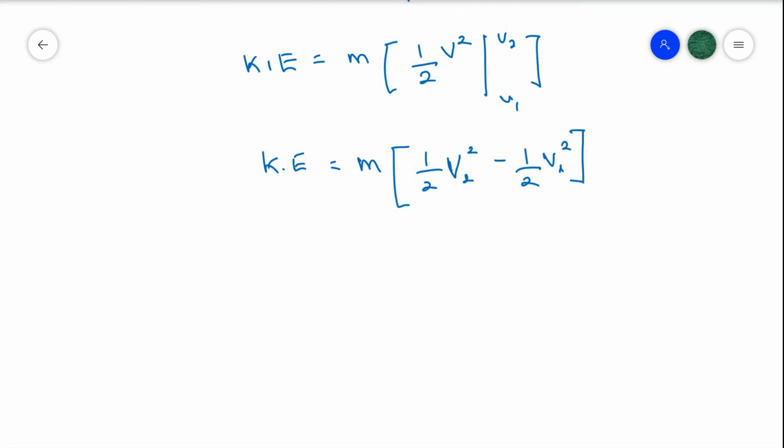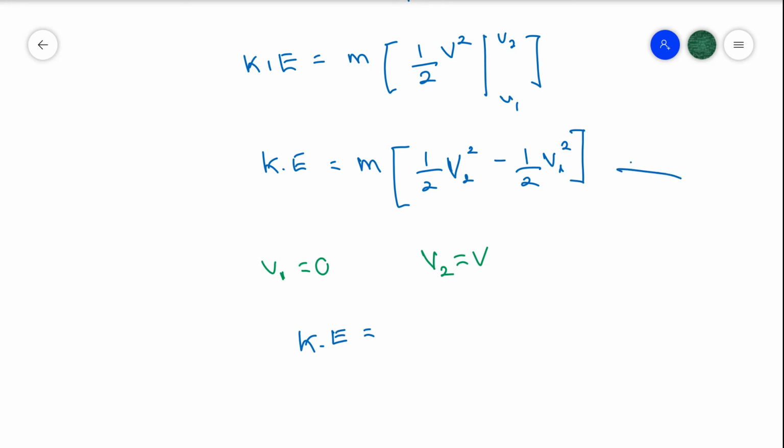So if the object that we considered was initially at rest, that means v1 is equal to 0, and the velocity that it currently possesses, the velocity that it's currently moving, is v2. So maybe v is equal to v2, v being the current velocity of the object. If we make that assumption, we can say that the kinetic energy that the object currently possesses, right?